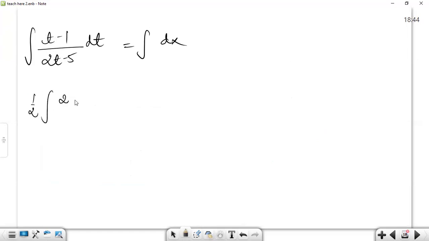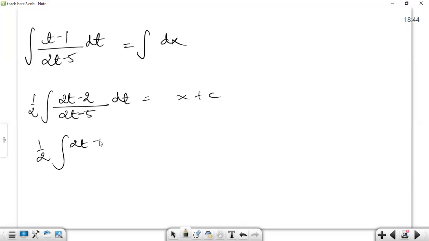Let's multiply 2 in the numerator and 2 in the denominator. Now it is half into (2t minus 5 plus 5 minus 2), whatever is there. Now we will be able to solve this easily.